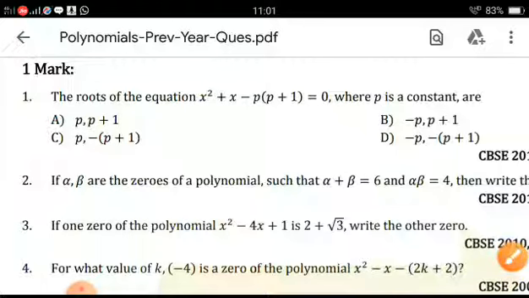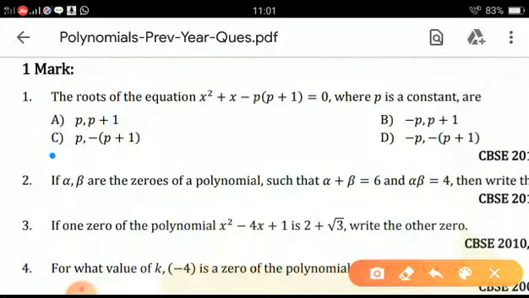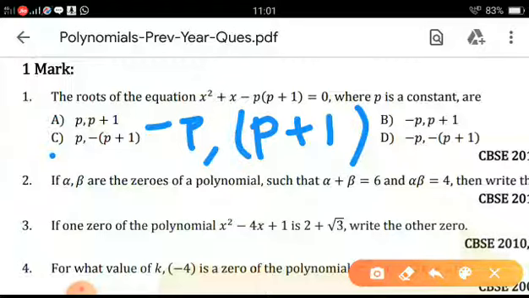Now we'll see the third option. The third option is p comma minus of (p plus 1). That means the numbers I should consider are minus p and p plus 1. Now check whether the product of these two is minus p into (p plus 1).